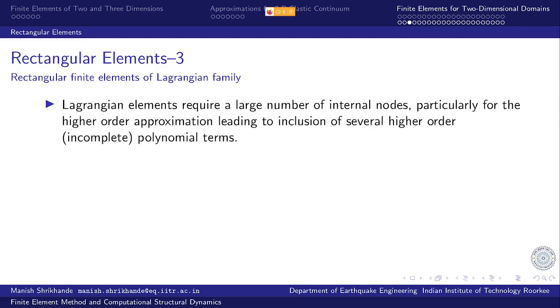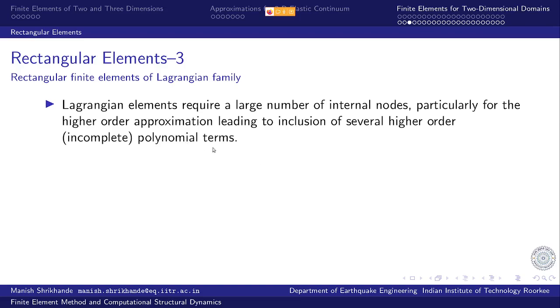So they have to have nodes wherever the one-dimensional interpolation nodes intersect each other at the grid points.